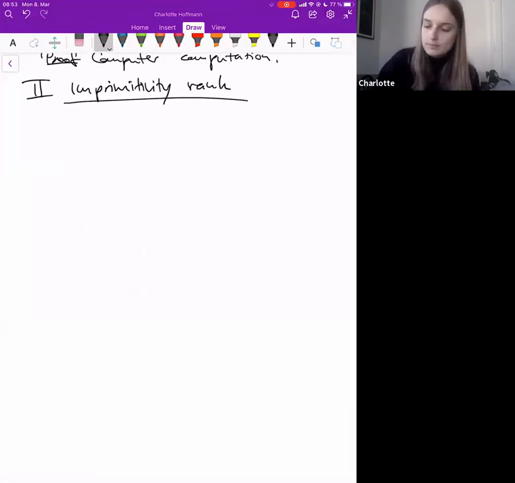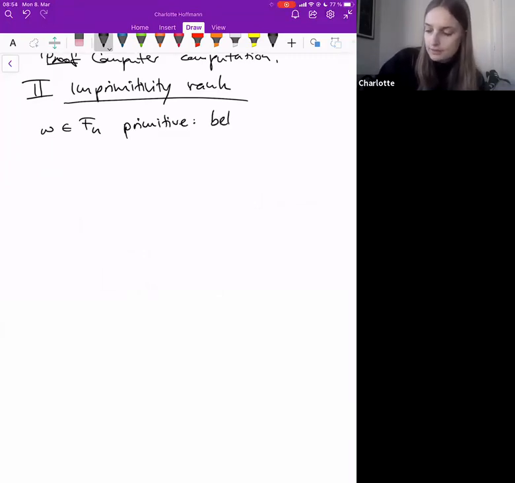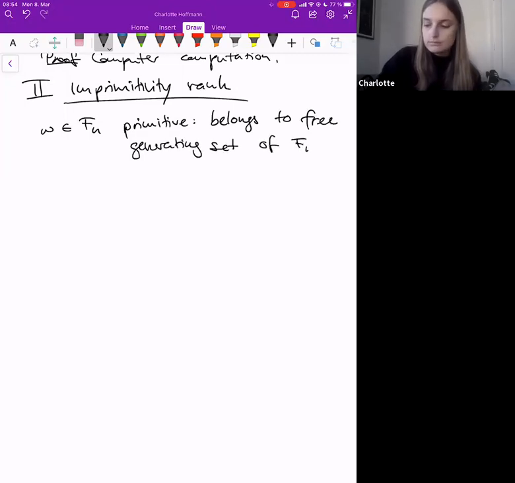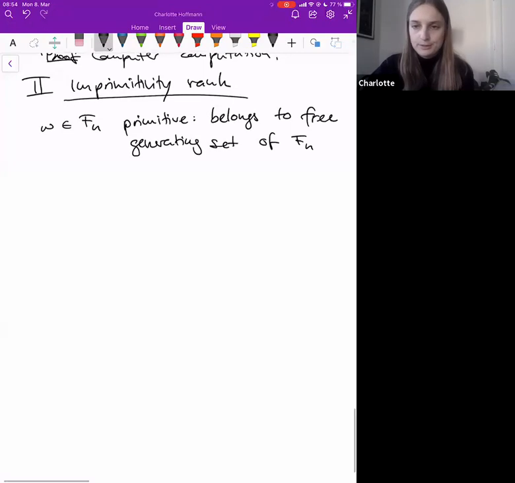Okay, so if I consider some word in a free group of rank n, then I say that this word is primitive if it belongs to some free generating set of Fn. Okay, and it has been shown that a primitive element is primitive in every subgroup.